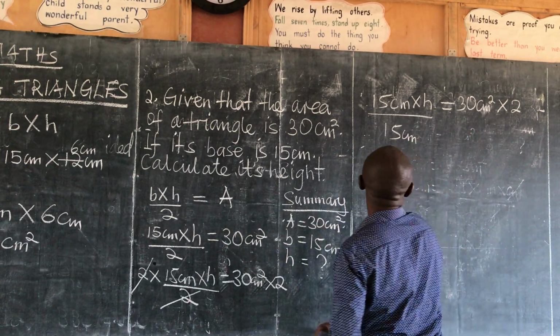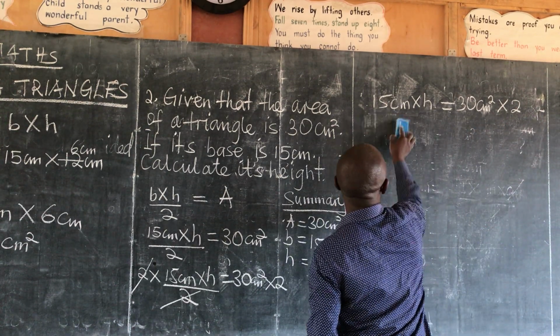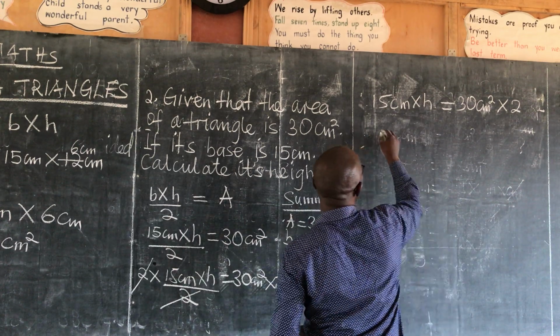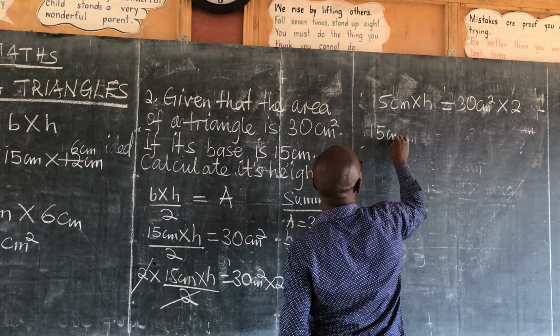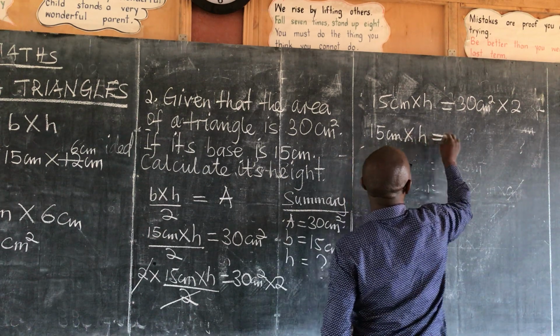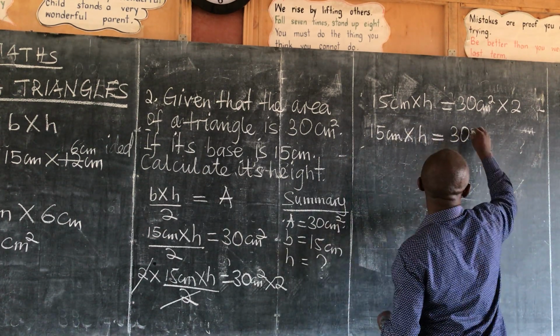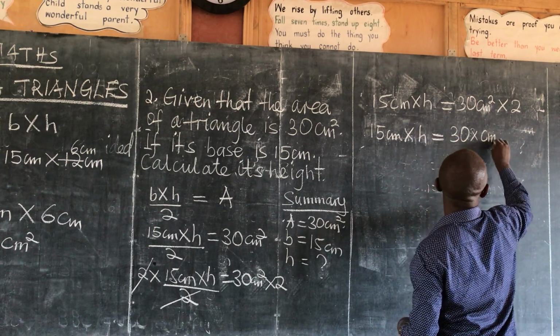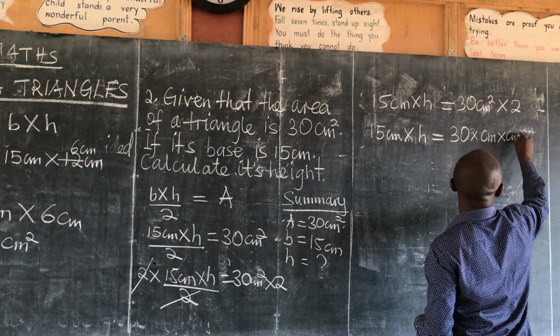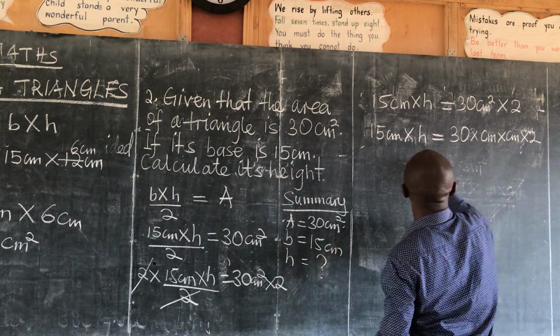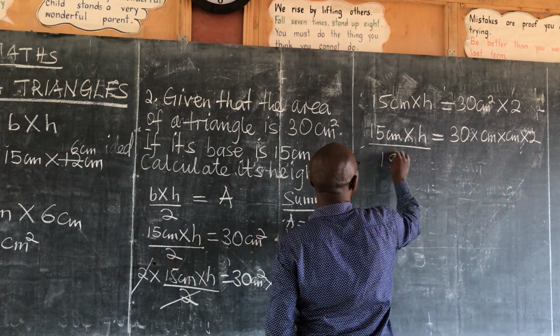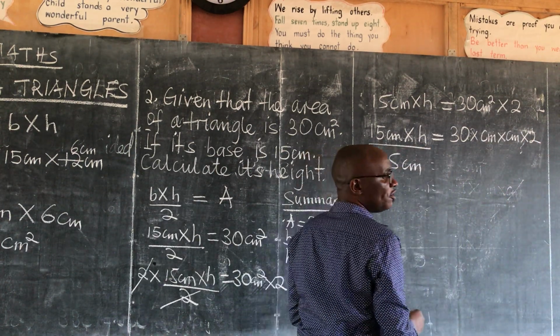Now before we do that, we have to expand the other one. This is 15 centimeters times h is equal to 30 centimeters. Cm squared means you multiply cm twice. That is cm times cm, times 2. So divide by 15 centimeters.